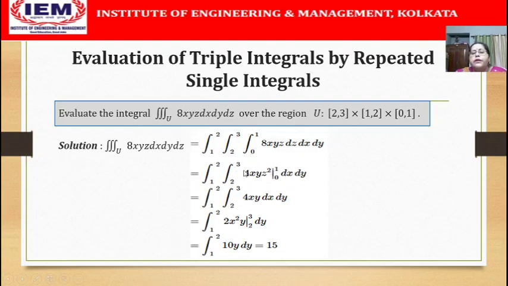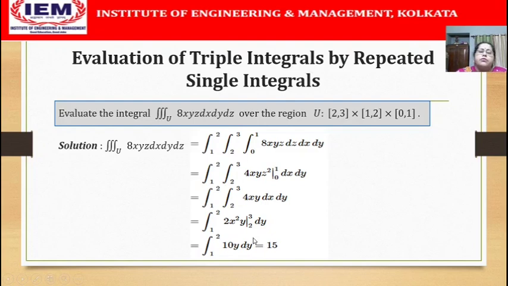Once we put the limits, we will get 4xy now as the integrand. We integrate with respect to x, so it gives us 2x squared y, and we have to put the limits from 2 to 3. This will again give us 10y dy, which is integrated now from 1 to 2. And the final answer will be 15.